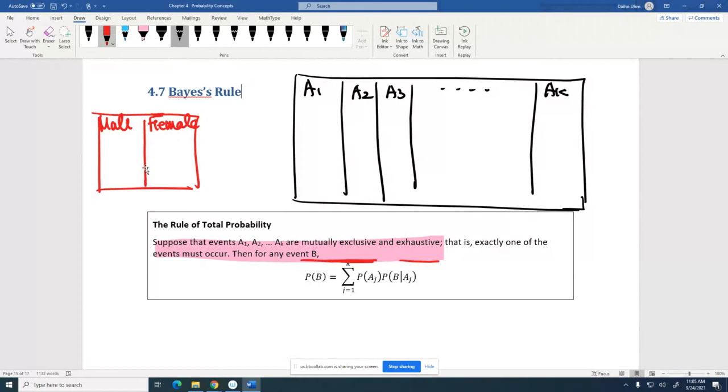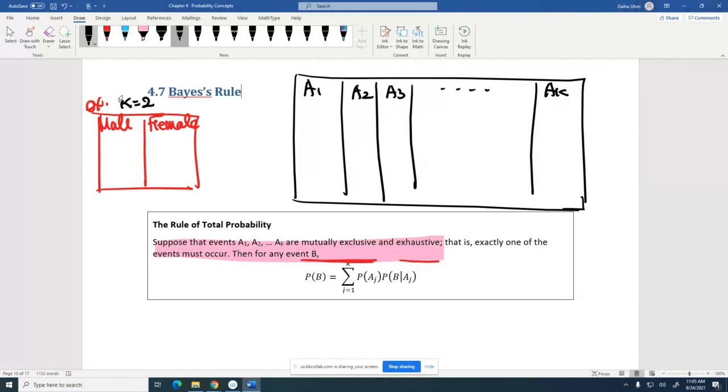Okay? So in this case, it is an example. The K is only two. It's only two groups. Okay? Then they are mutually exclusive and exhaustive. So we can explain the Bayes rule is based on that kind of Venn diagram.